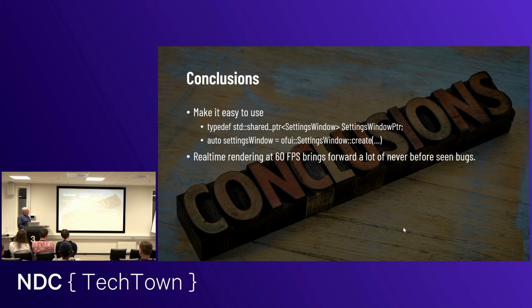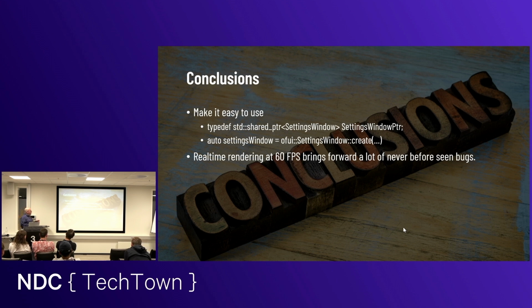Another thing that I noticed with this application is that when you do real-time rendering of your model all the time, 60 frames per second, you will hit bugs. If you allocate something somewhere with a new or malloc, it will leak. Also, if you do some interesting referencing of things, it will crash.